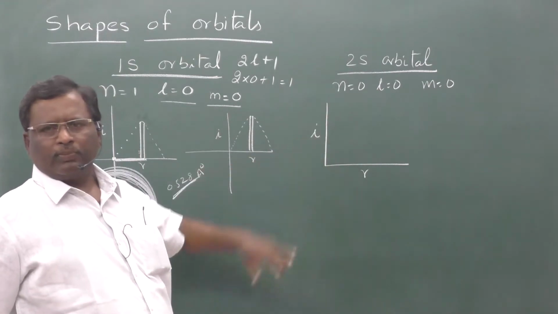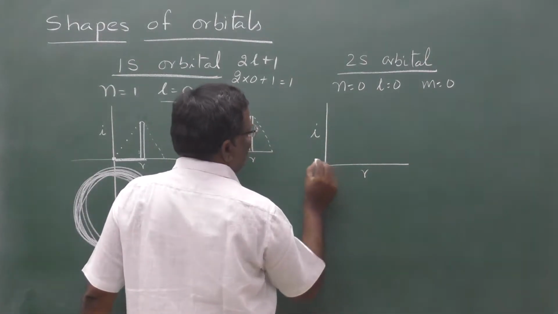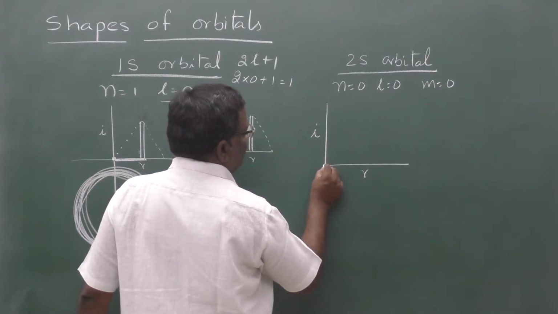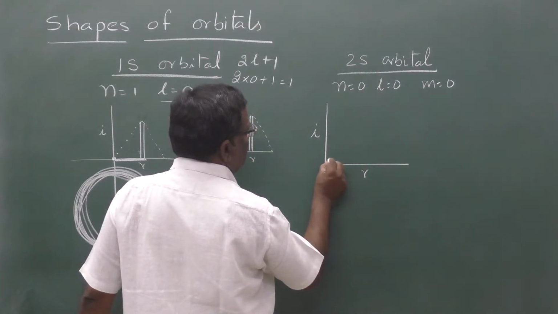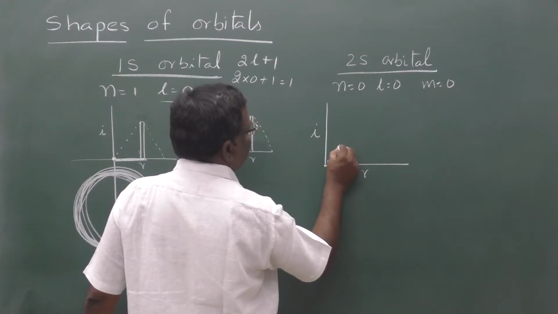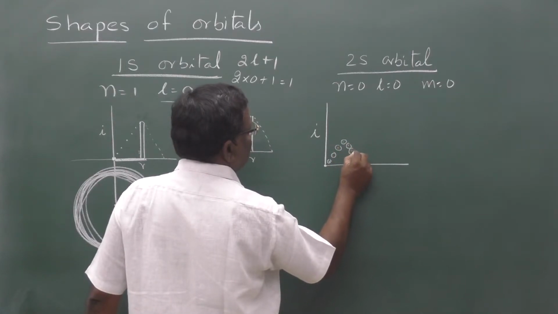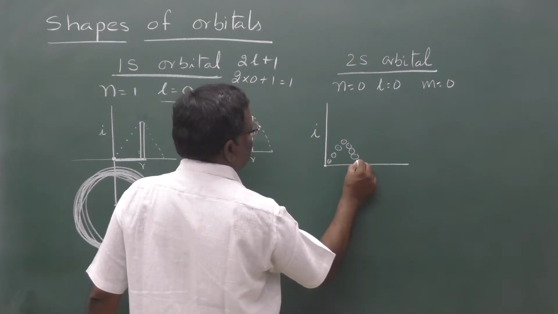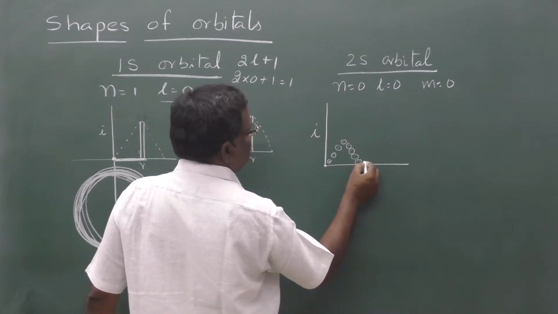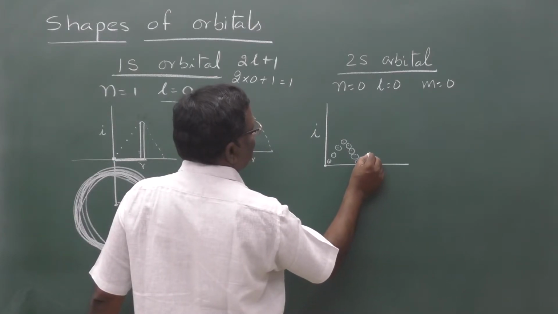If I plot a graph for the 2s orbital, at the nucleus its probability is 0. As I move, it will be like this. It reaches a certain point, then it decreases and reaches a minimum, and again it increases.